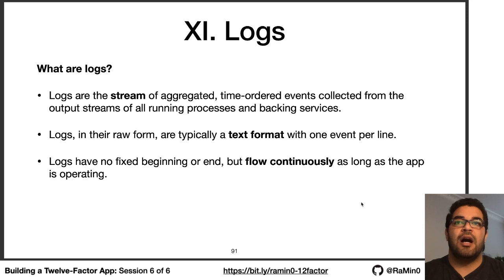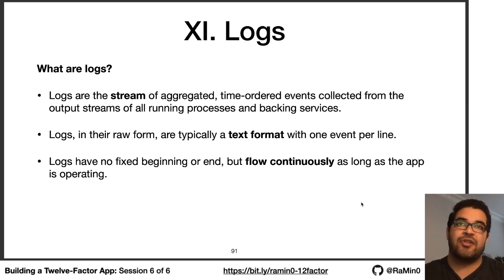And as I mentioned, they're collected from all of your running processes, as well as the backing services. Usually logs come in raw form, and they're typically text with one event happening per line. So it's as if you're opening up a big text file, and each line you read from that file gives you an idea about a specific event that happened in your app.